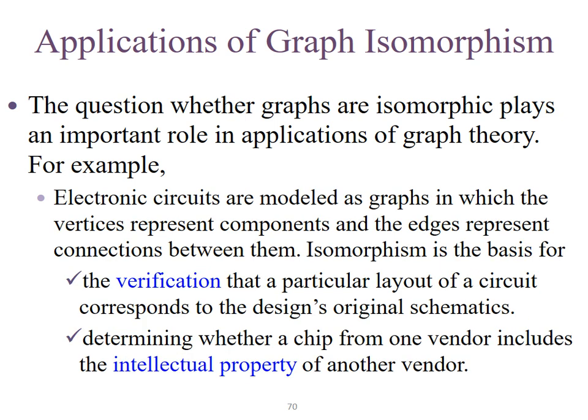And then we can also verify if electronic circuits are the same as the original design. So we can use isomorphism for verification, especially for intellectual property examination. We can see if this circuit design is copied or modified from the previous one.